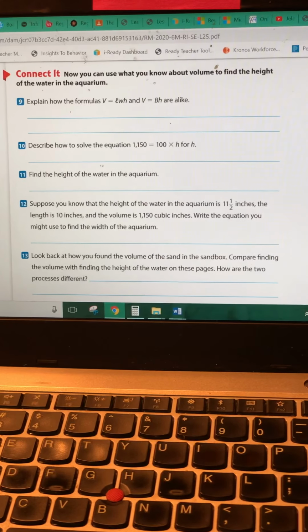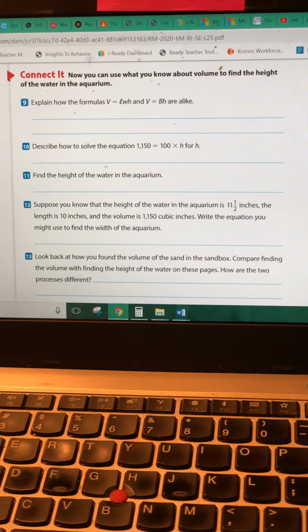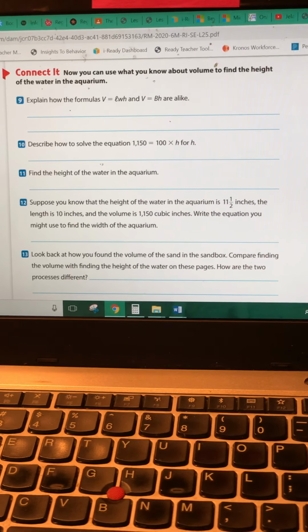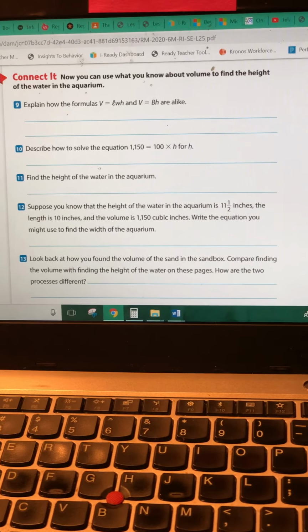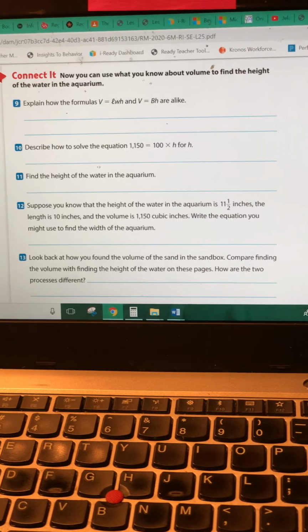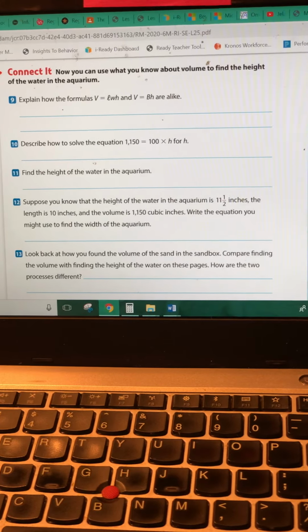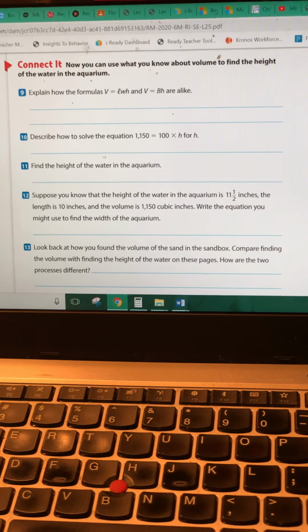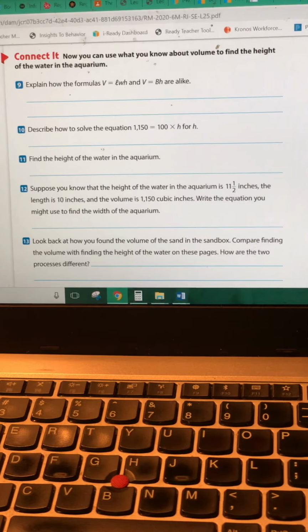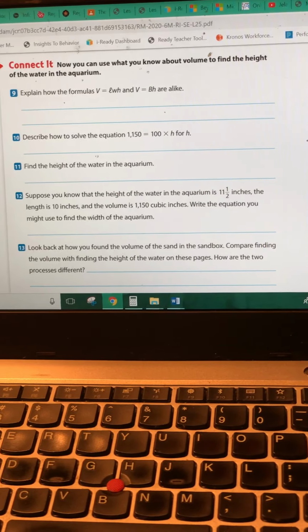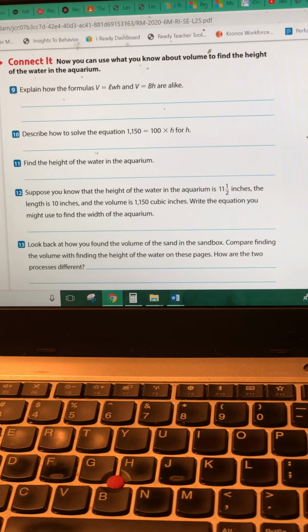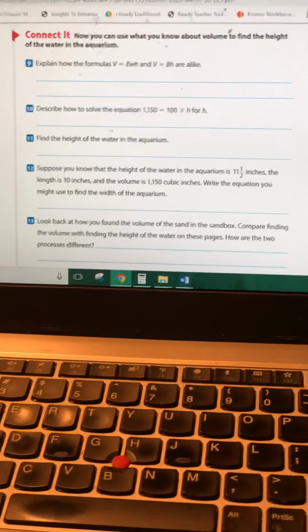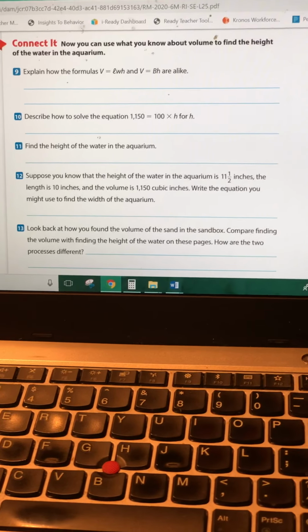So I'm just writing down that they are alike because the base is a rectangle and the area of the base is the same as length times width.